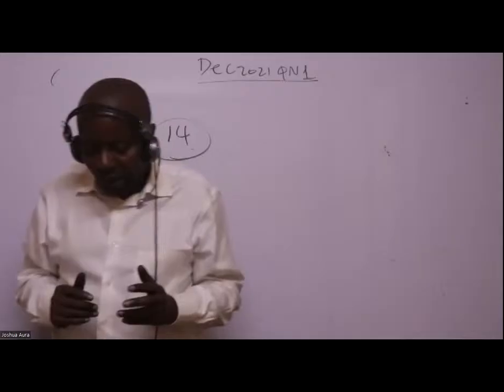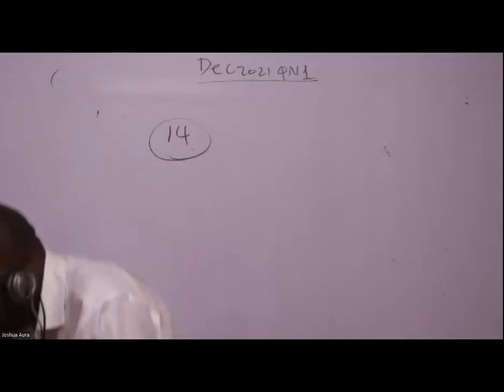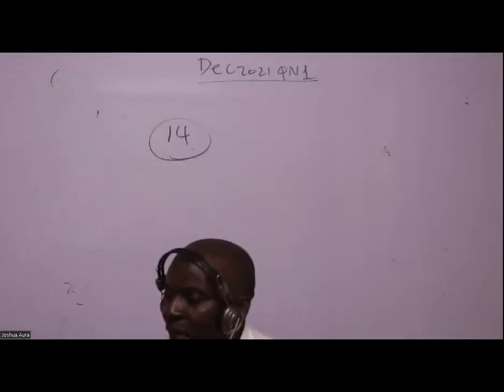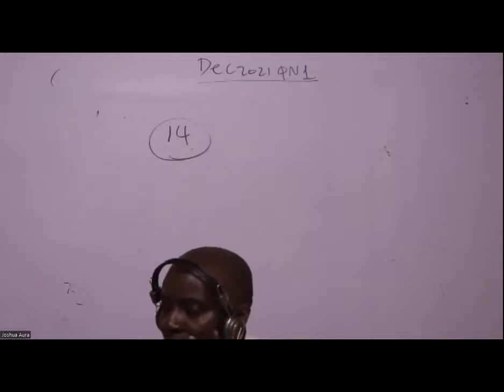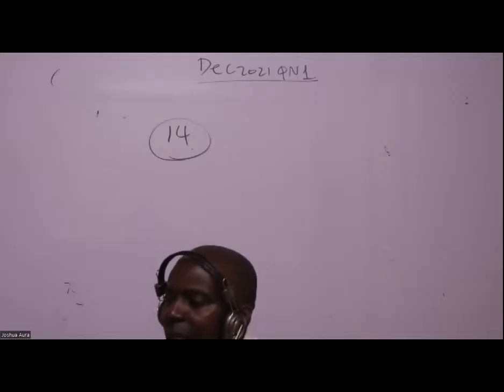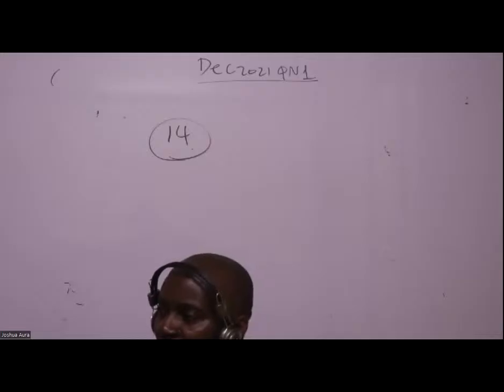So read the question again, read the question severally. A good student will always read the question severally before you start writing. So like now here, they have asked us a very, very simple question.